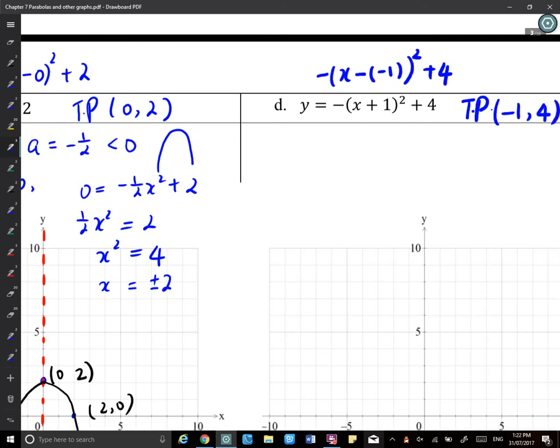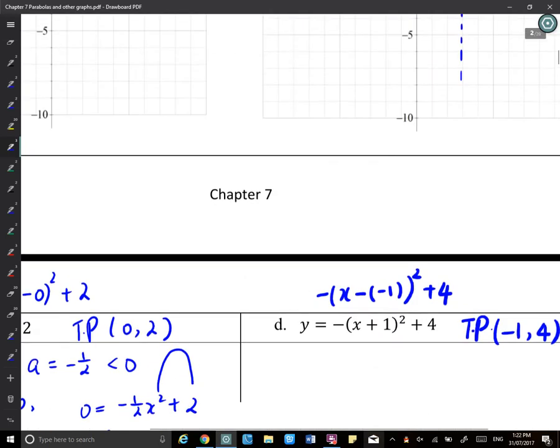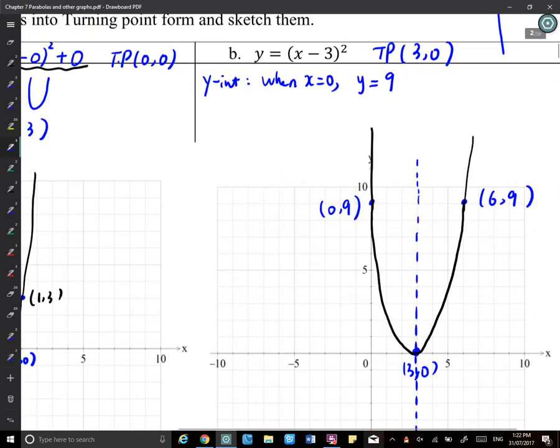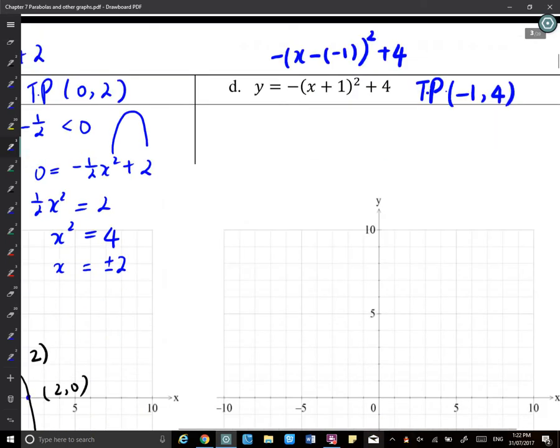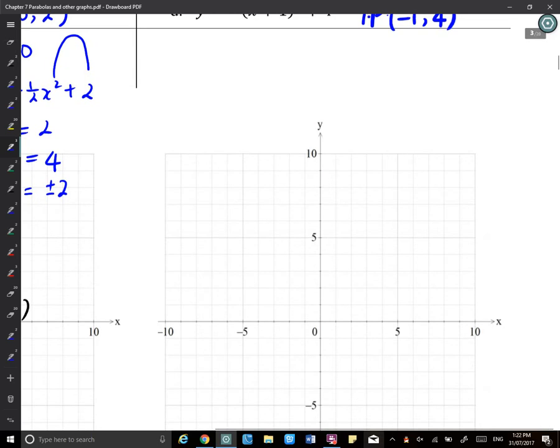You just think about what value can make the bracket become 0. Negative 1, right? Negative 1 plus 1 will be 0, so negative 1 will be the turning point. The same as this one: what value makes the bracket 0? 3, so 3, 0 will be the turning point. So negative 1, 4 will be the turning point.